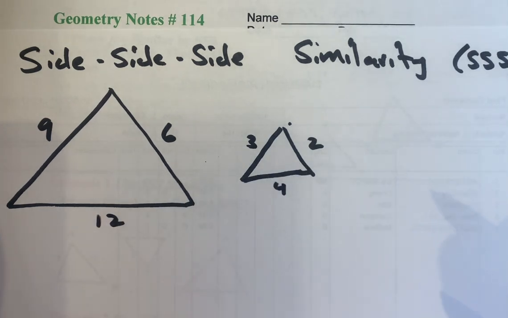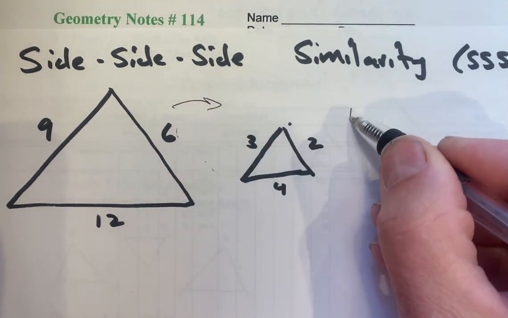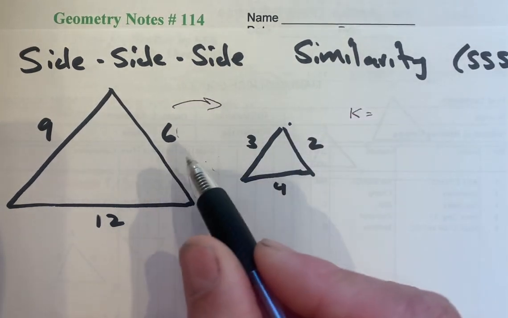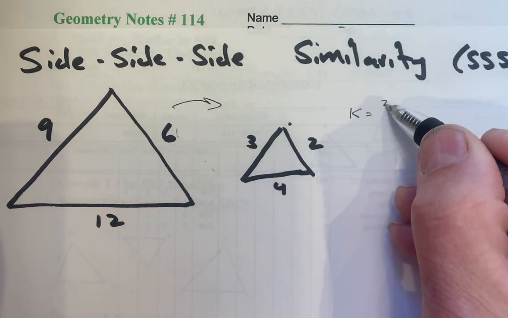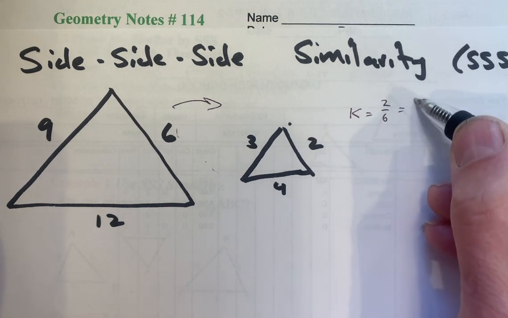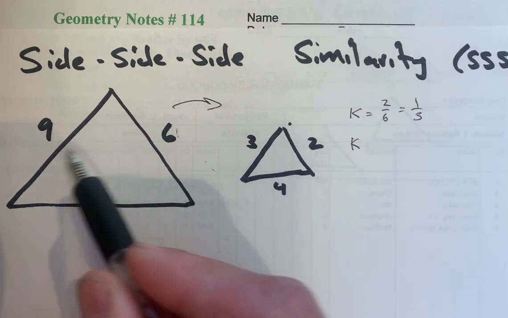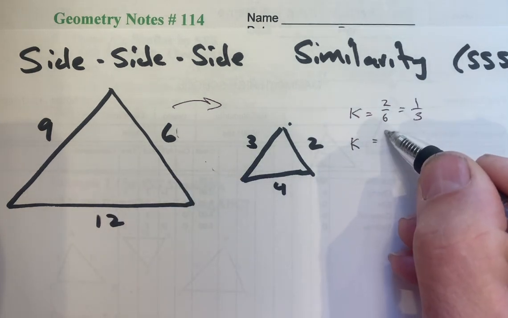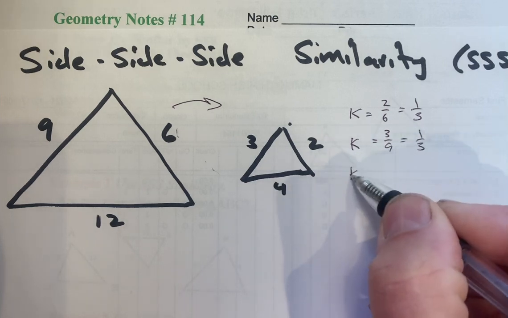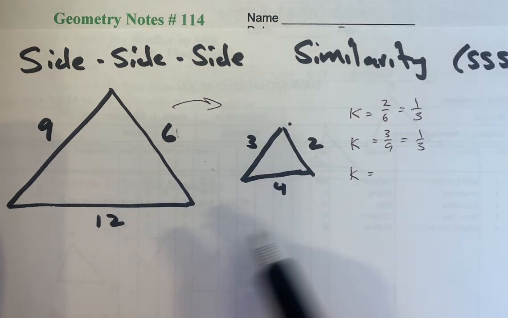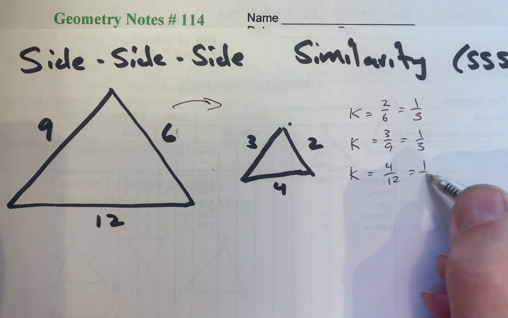If I looked at a scale factor for this one going from here to here, I would say, okay, if I took my small side like this one, it would be 2/6, which equals 1/3. If I looked at my medium-sized ones, which would be 9 and 3, that equals 3/9, which is also 1/3. And the third side, the 4 and the 12, that would be 4/12, which equals 1/3.